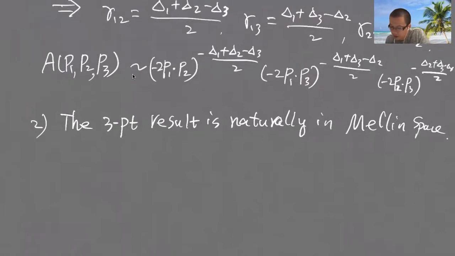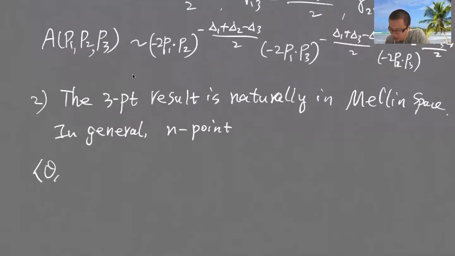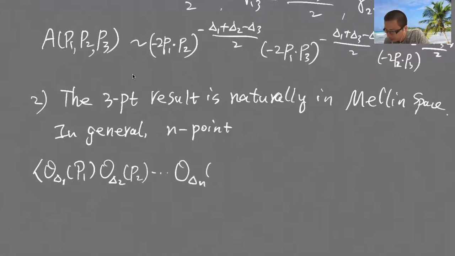In general, say I have an n-point correlator for scalar operators with different conformal dimensions, in embedding space, P1, P2, and so on, delta n, Pn.